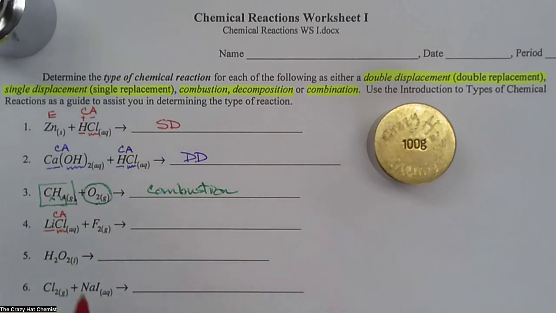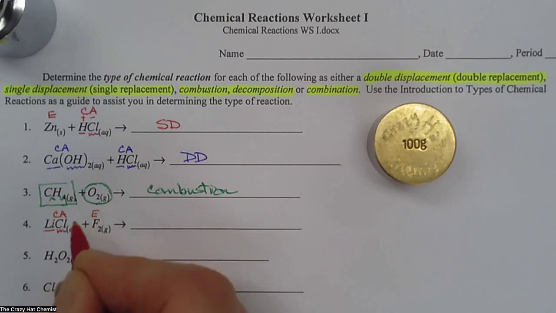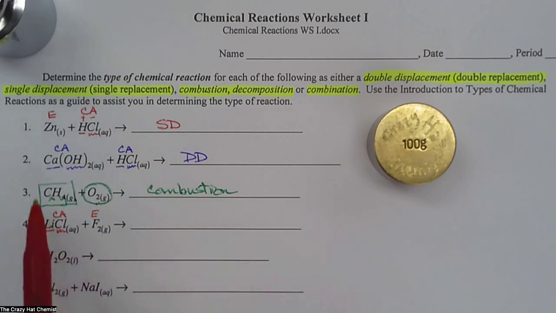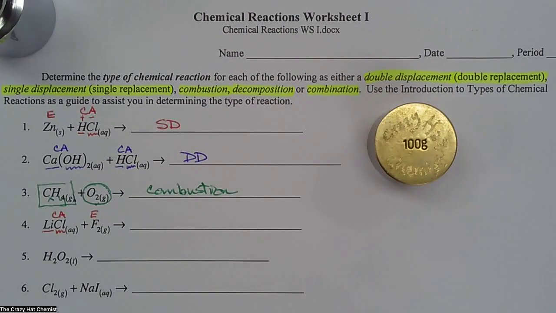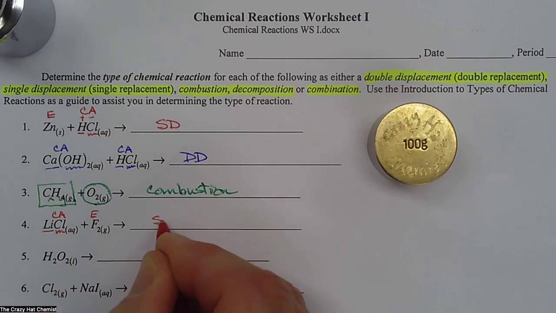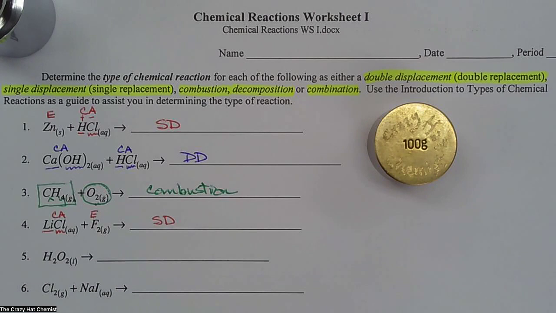And then we have fluorine. That is an element. As you can see, number 4 and number 1 are in the same pattern. That pattern is a single displacement reaction, which is following the pattern of an element plus a California, single displacement or single replacement. Okay. All right, perfect.